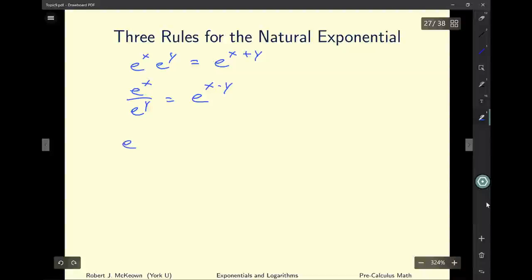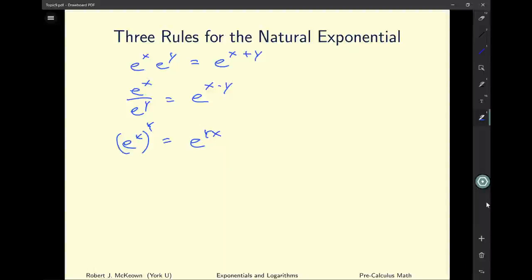And if we have e to the x raised to the power of y, that's going to be equal to e to the yx. So same exponent rules that you've seen before.